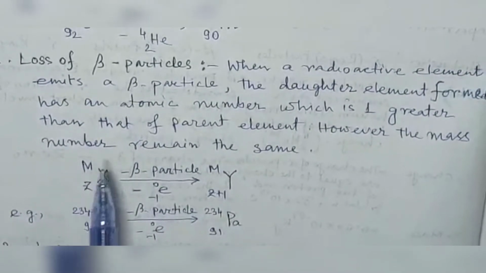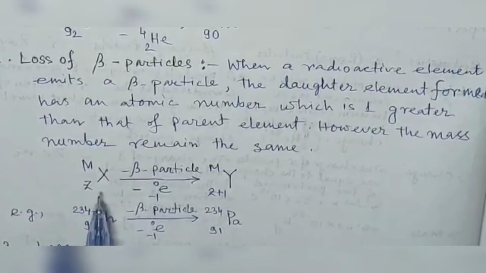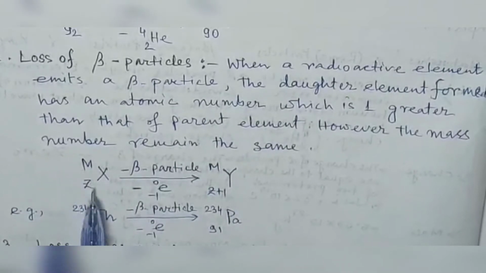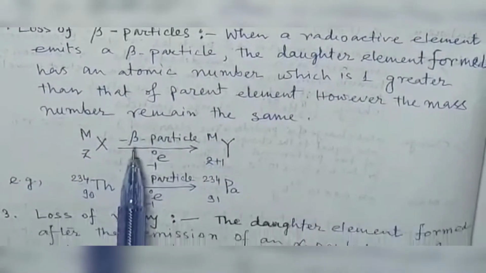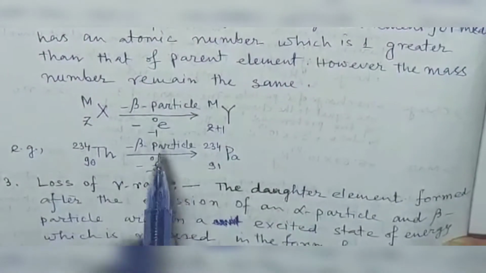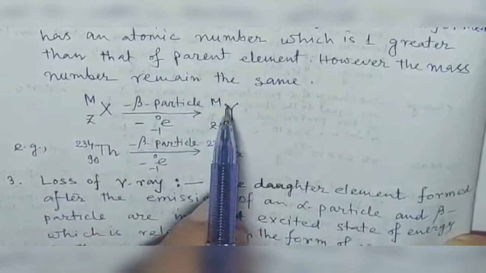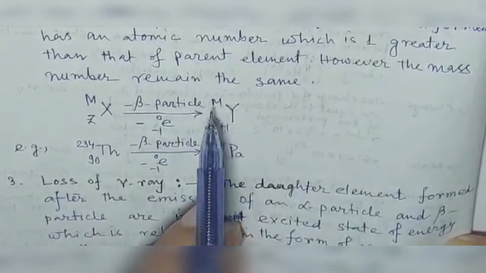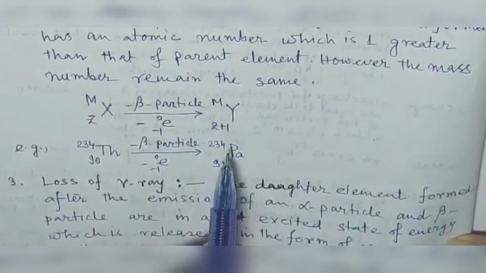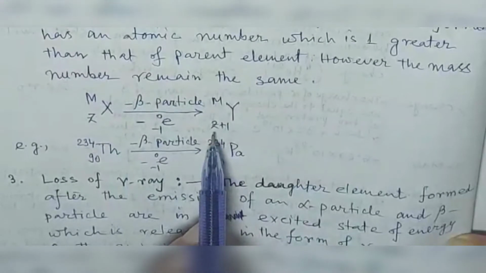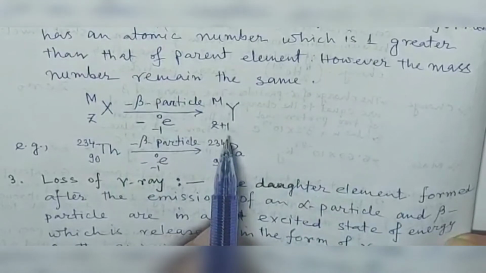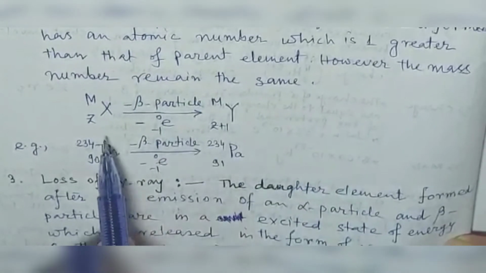Let again X be a radioactive element whose mass number is M and atomic number is Z. When it emits a beta particle, that is an electron, 0e minus 1, it produces another new element Y whose mass number is the same M, but the atomic number is Z plus 1, which is 1 greater than that of the parent element.